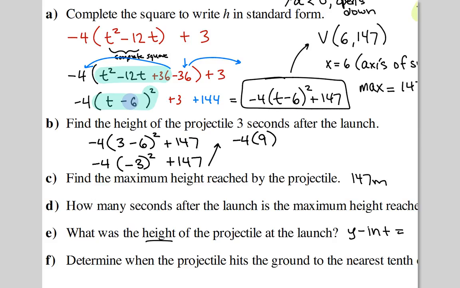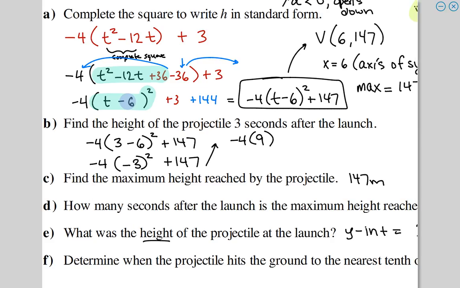Some of you might make that mistake on Friday. Don't let it be you. Anytime you square a negative, it will become positive. And then do multiplication. And then we can finally add it. And we get, help me, 111 or something? 111? Okay. So find the height, 111.